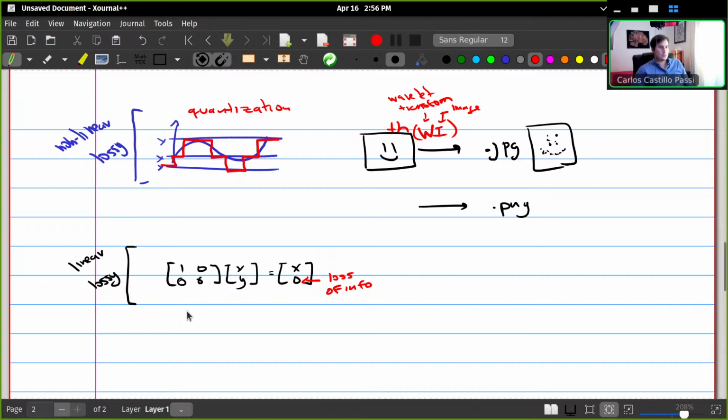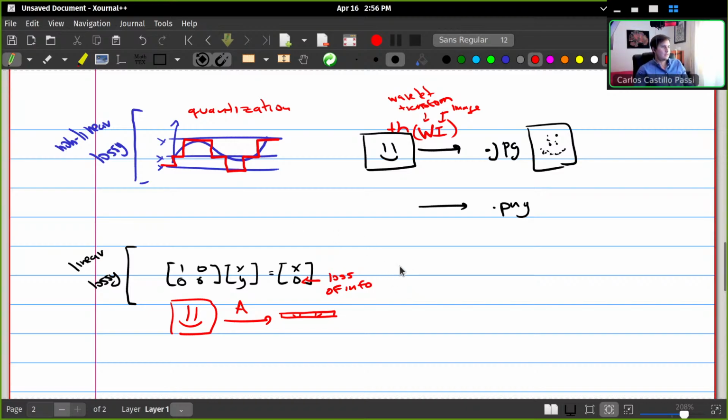With an image, this would look like having this smiley face, and after the application of the linear transformation A, you would have just the image compressed to one dimension.